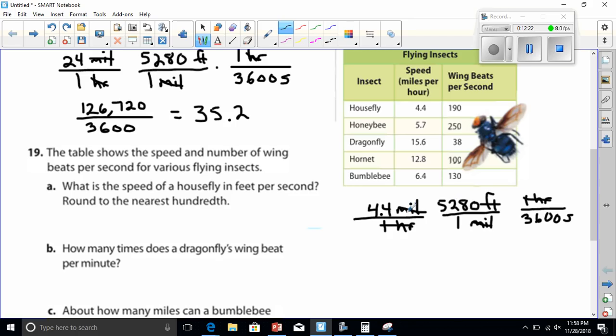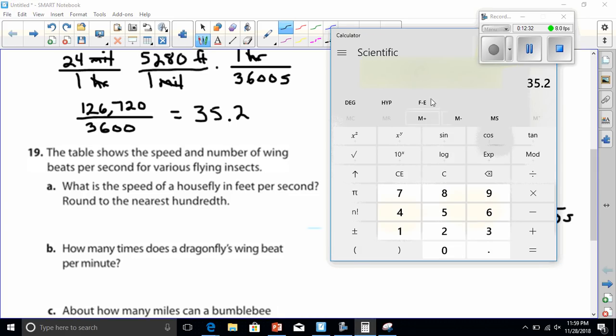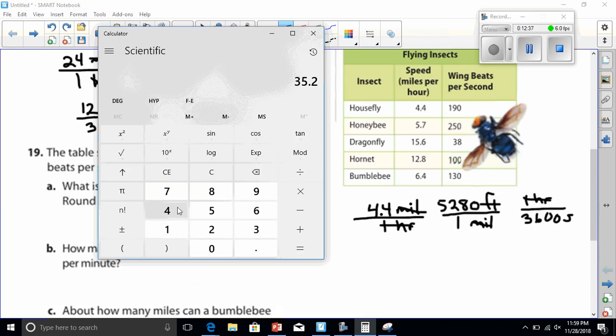We're going to multiply 4.4 times 5,280 and then divide it by 3,600. So let's get our calculator out. 4.4 times 5,280 equals 23,232.